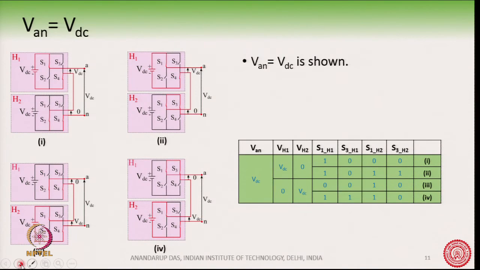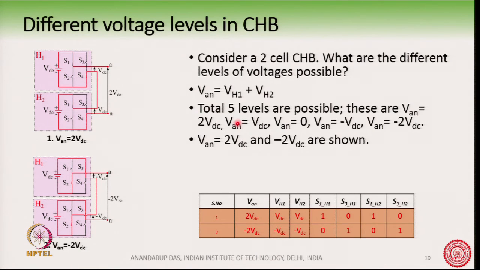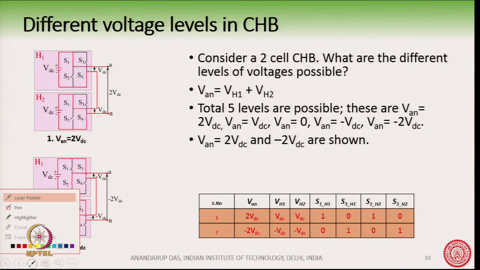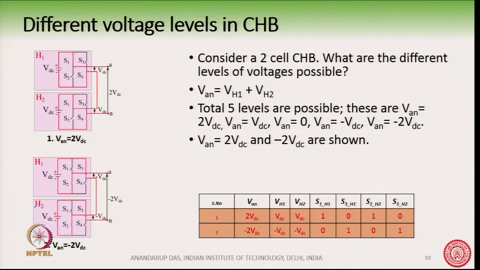In a similar way, as we have written here, this was for VAN equal to 2 VDC or minus 2 VDC. That means, these circuits are showing the status for this one and for this one.